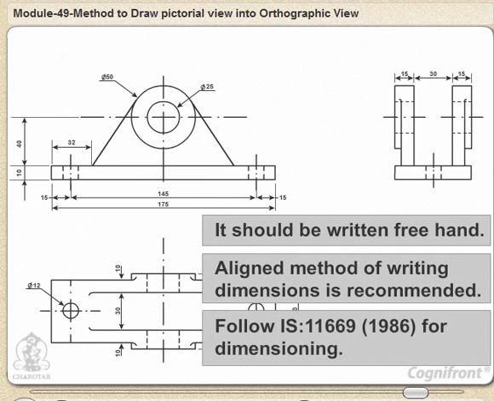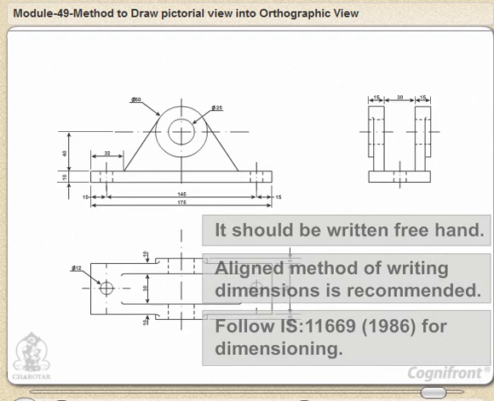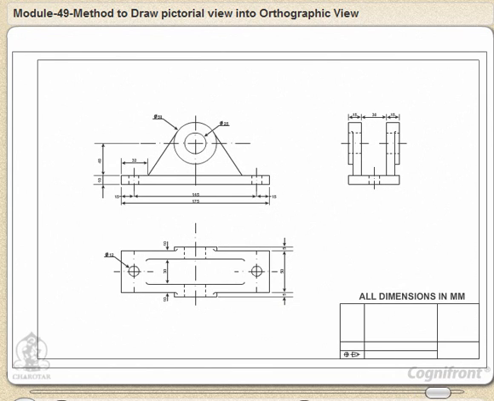Follow IS 11669 1986 for dimensioning. Complete title block by specifying unit of dimensions, symbol of method of projection and scale adopted. Fair boundary lines by 2H pencil.